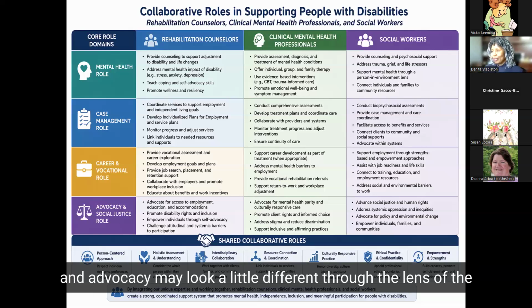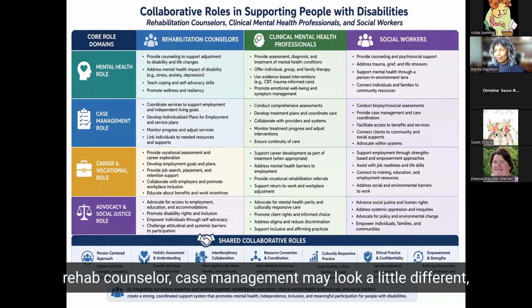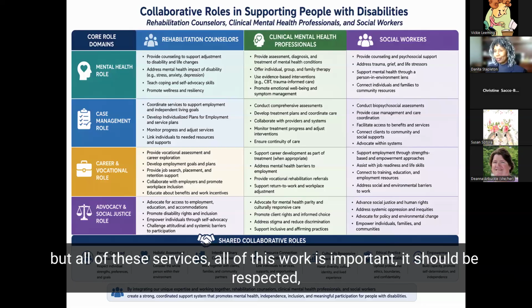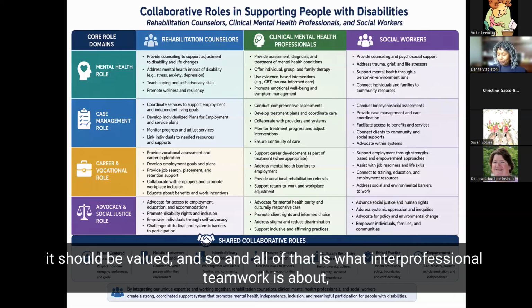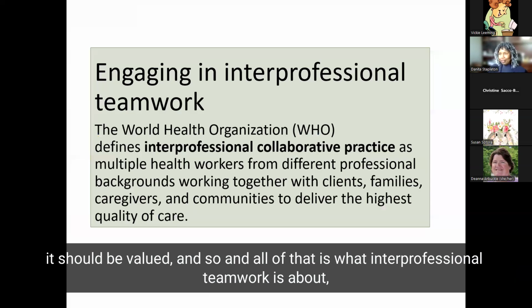And advocacy may look a little different through the lens of the rehab counselor. Case management may look a little different, but all of these services, all of this work is important. It should be respected. It should be valued. And all of that is what interprofessional teamwork is about.